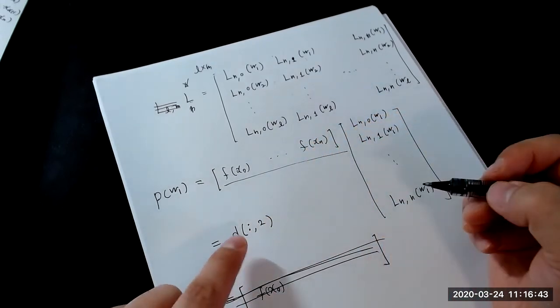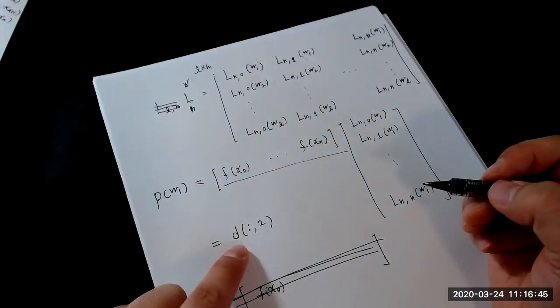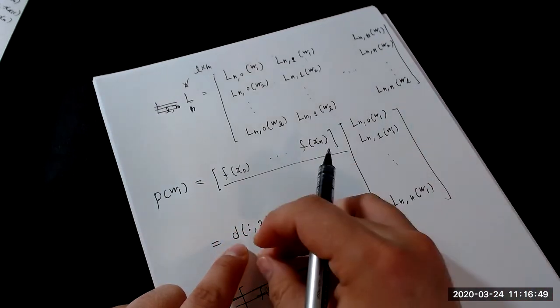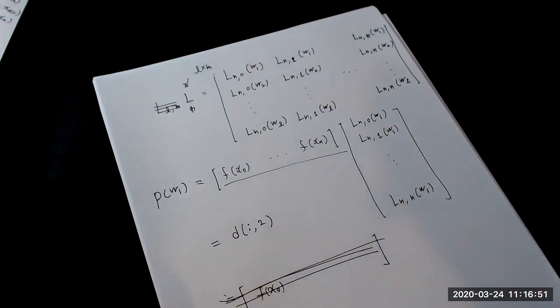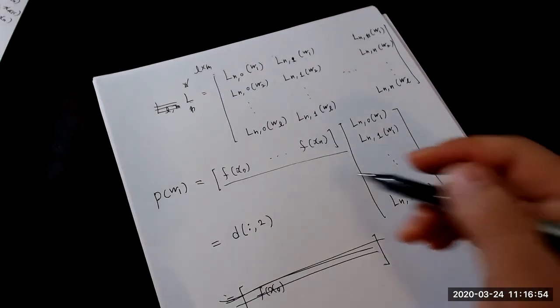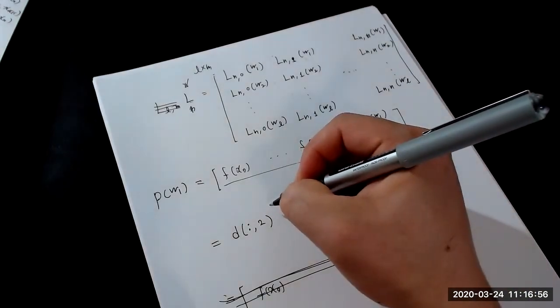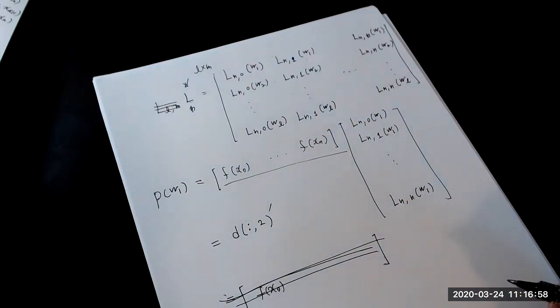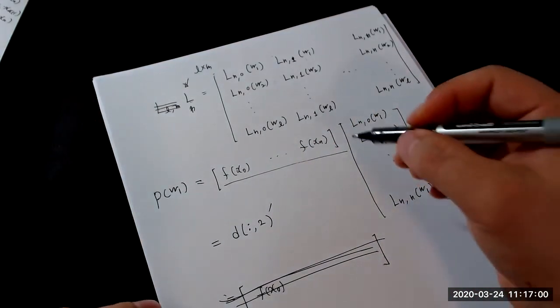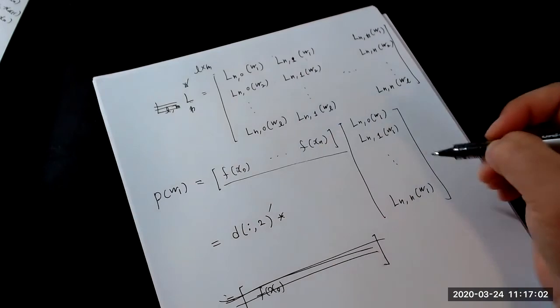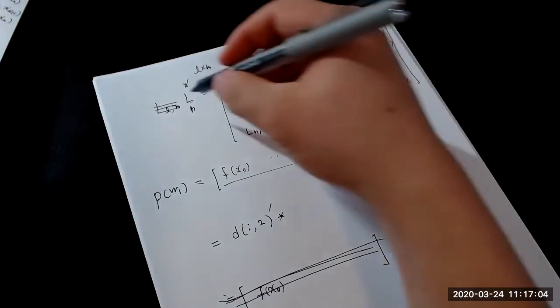But keep in mind, this is a column matrix, right? We have to transpose it so that we get the row matrix. So we put a prime. That's the command for transpose in MATLAB. And then times the row vector of matrix L, right?